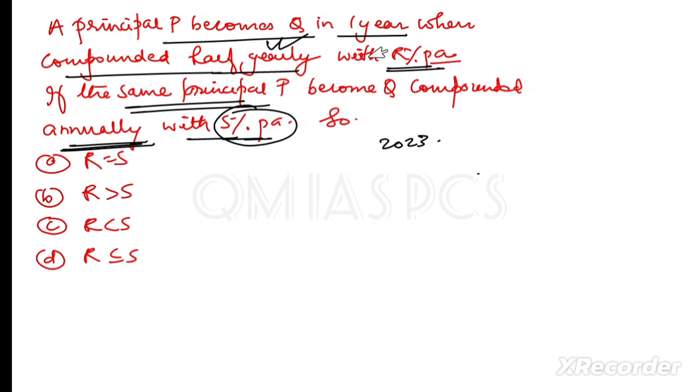When the rate is the same, we will not get the same amount if the time period is the same. In that case, the half yearly amount will be larger in comparison to the annual amount.